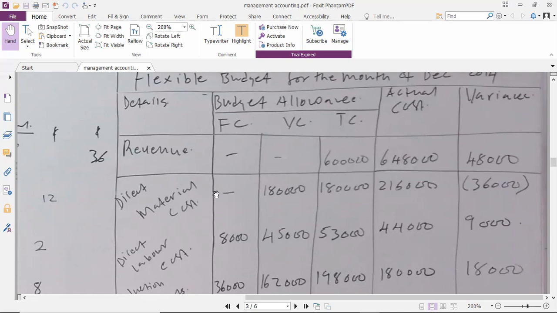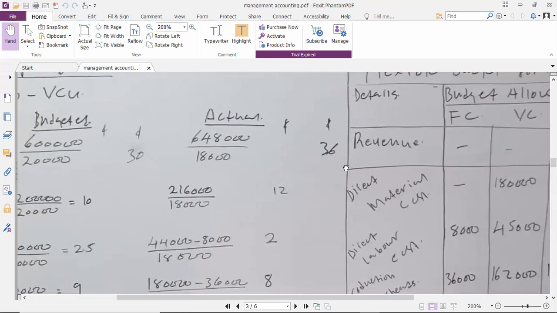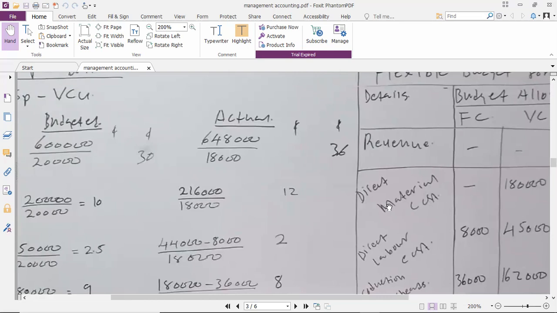Direct material cost, there was no fixed cost. So the direct material cost per unit that you had there, 10, you multiply it by, now take note, we are multiplying all the direct material cost per unit here by the actual output of 18,000 units.